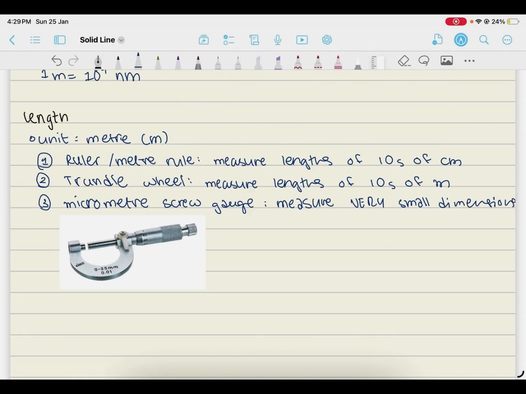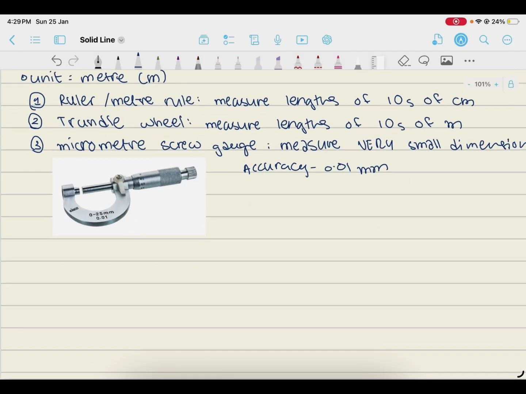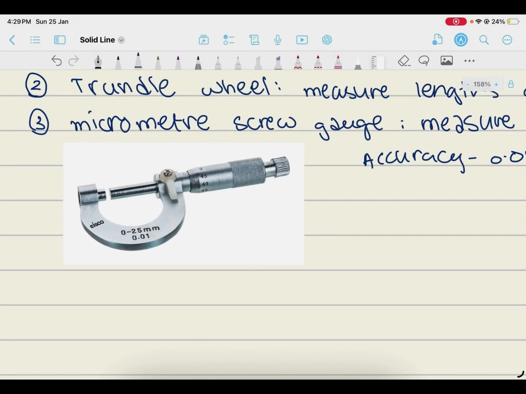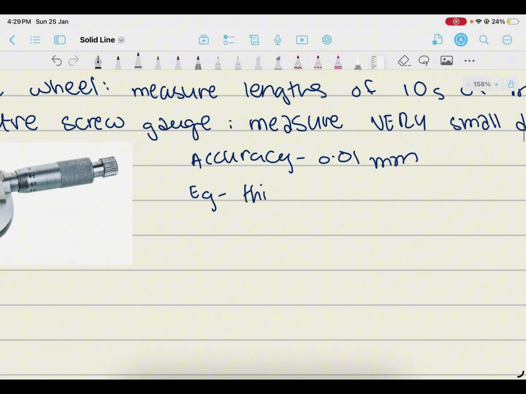It can measure with accuracy of around 0.01 millimeter. Okay, and examples of where it can be used is for thickness of paper, such thin stuff. Okay, or a diameter of a wire.